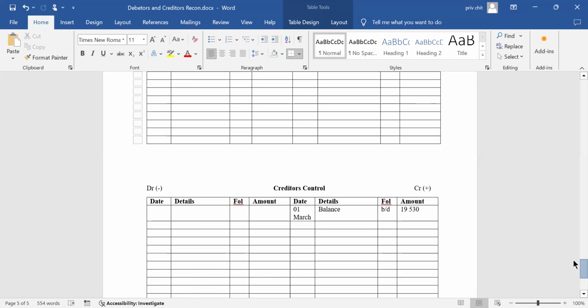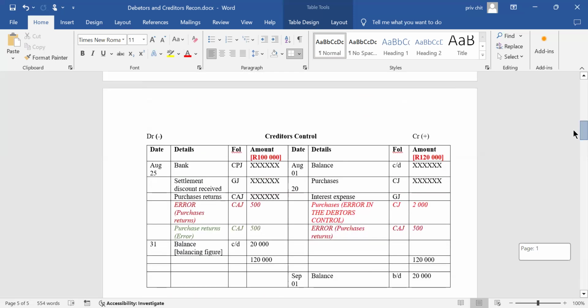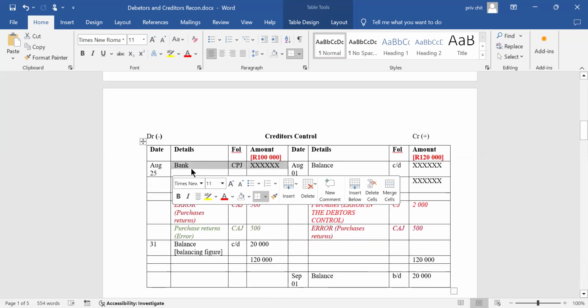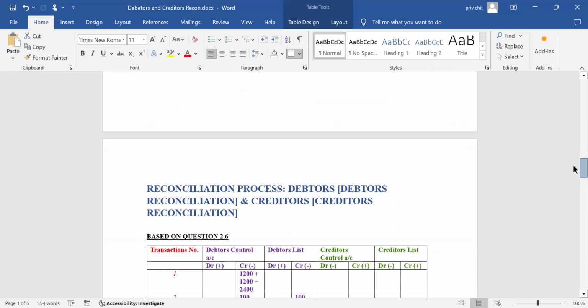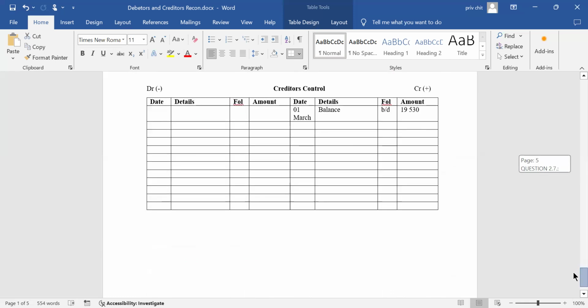So it's typically this particular one here in your notes because I want you to see the connection. So it's basically this. Bank, cash book, cash payment journal, from the cash book payment journal, then you put in the amount in the creditors control. Does it make sense? Yes, sir. Awesome.